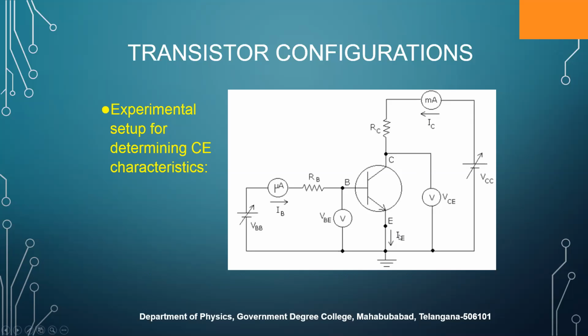The emitter is common for the input circuit and output circuit, and most probably it will be grounded, so as to reduce any damage when more and more current goes through the emitter base circuit and the common emitter circuit.